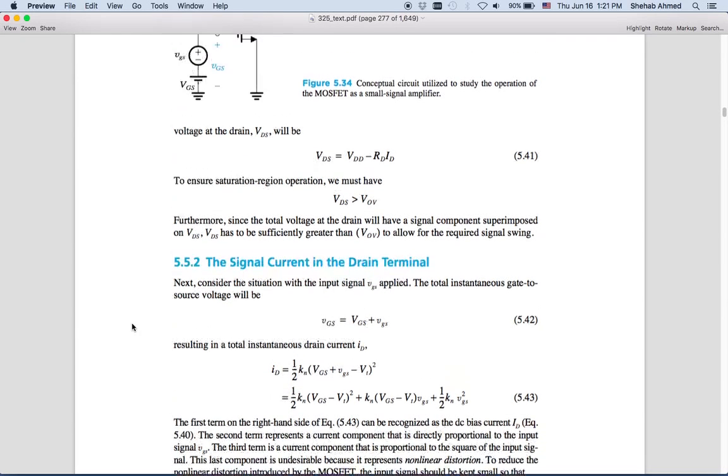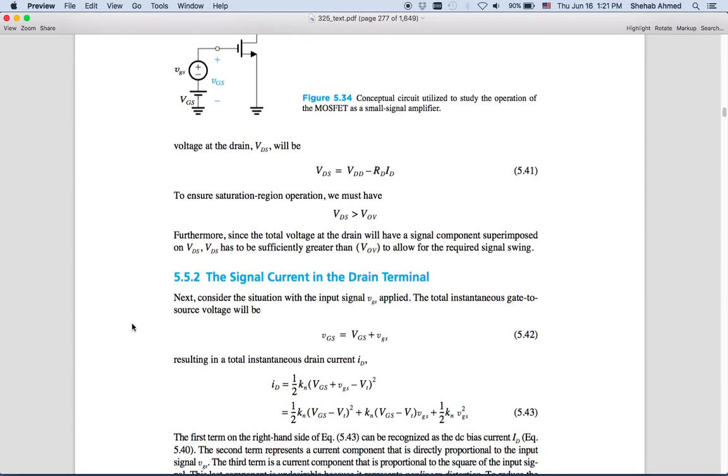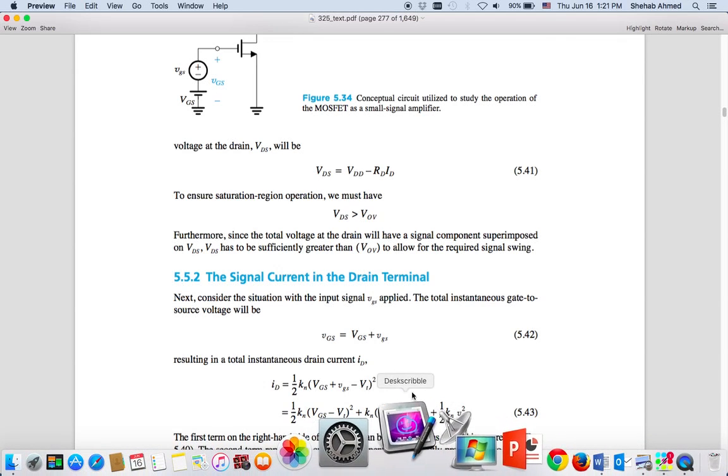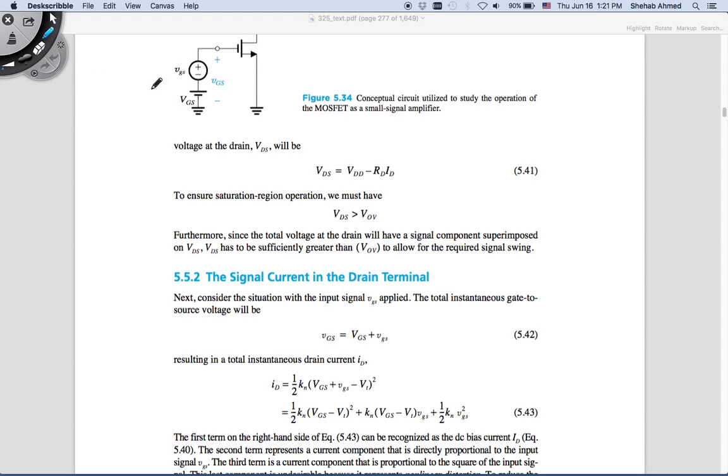So if I put in the small signal, then the total gate to source voltage uses a small v. For the DC operating point voltage, or the large signal voltage, they use capital V, capital G, capital S. For the small signal, they use small v, small g, small s.